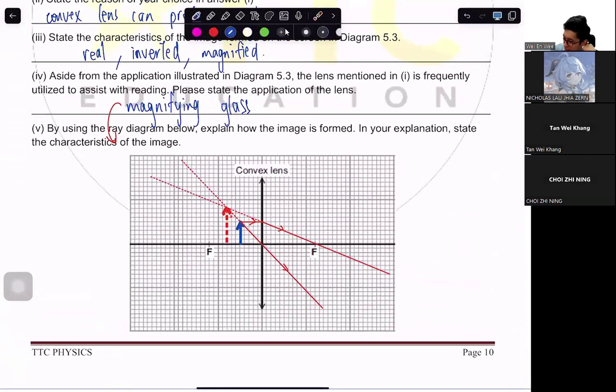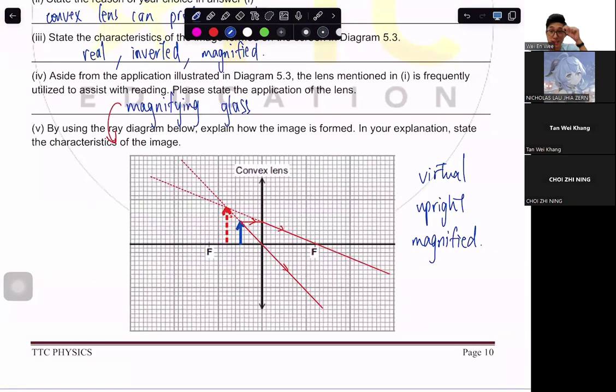As long as it is virtual, which means it's on the same side as the object, it's upright, pointing up, and it is magnified. Otherwise, how does it become a magnifying glass, right? So you see the image inside the lens. It is upright, and it is magnified. Must be like that.